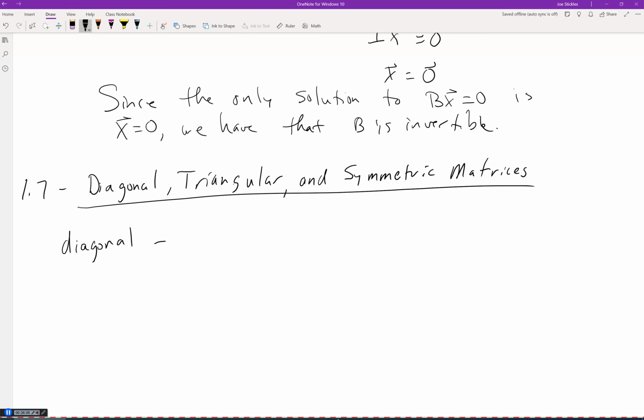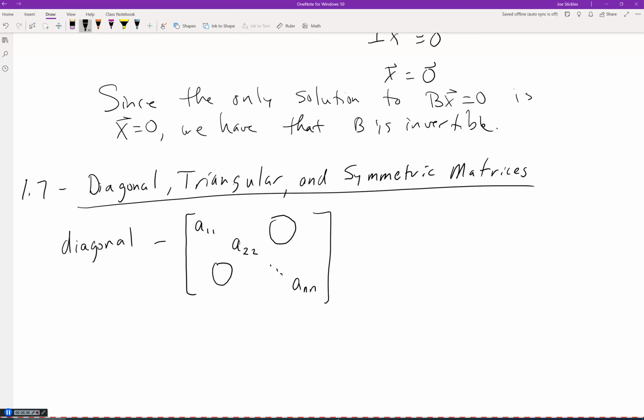As far as the definitions here, diagonal just means that your main diagonal is the only place where you might have something that's not zero. Everywhere else there's a zero. Literally it looks like a diagonal, right?